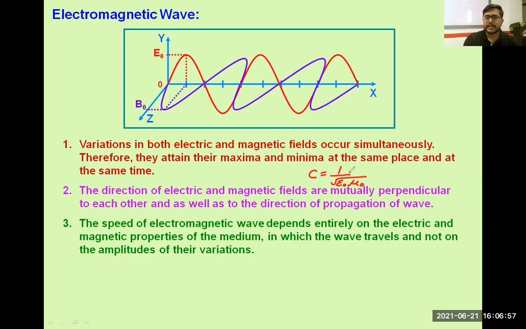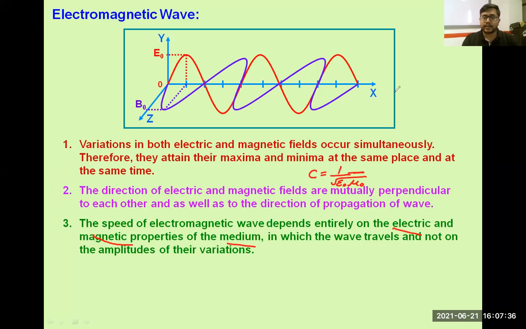Where c is the speed of light, and epsilon naught is the permittivity and mu naught is the permeability of free space. So basically, the speed of light is entirely dependent on the electric and magnetic properties of the medium. That is why, if the medium changes, like we discussed in refraction, when light comes from one medium to another, its speed changes and it will bend towards the normal or away from the normal.